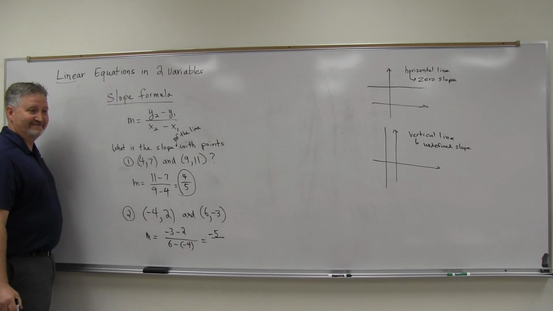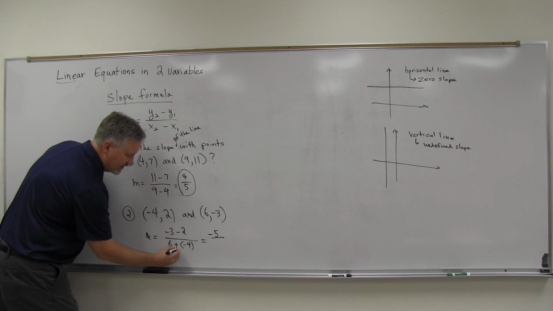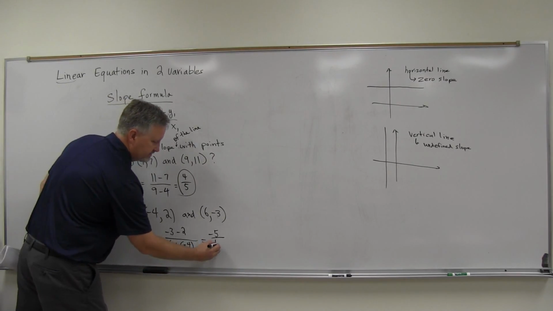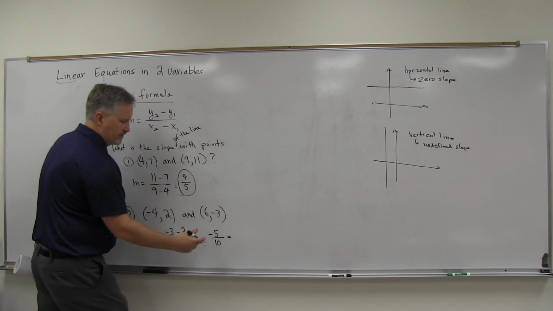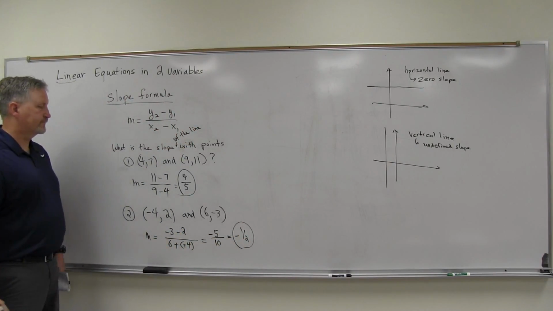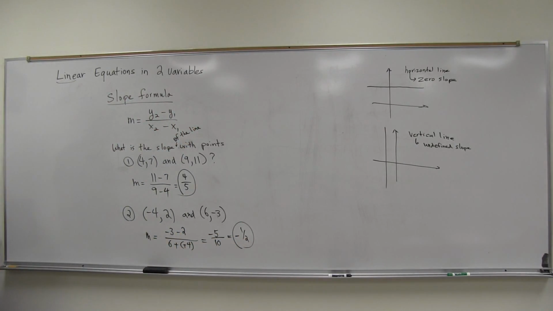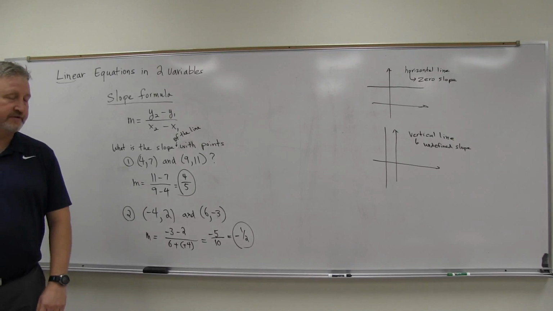On the bottom, you get positive 10, because with 2 negatives that's actually a positive, so 6 plus 4. And just like any other fraction, you reduce it: -1/2. So in that case, the slope of our line would be negative. If we plotted it out, it would go downhill, just uphill on the other.